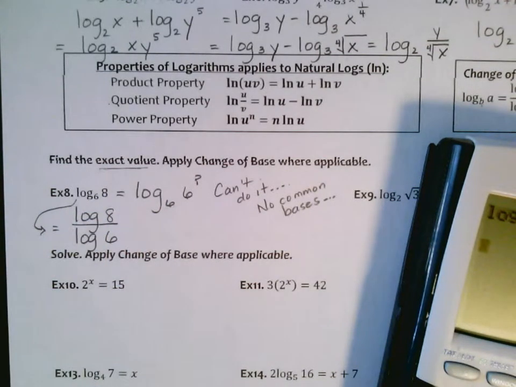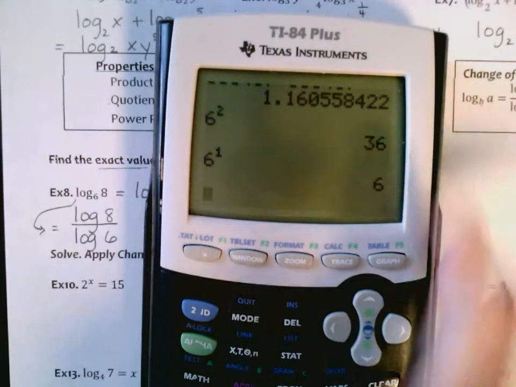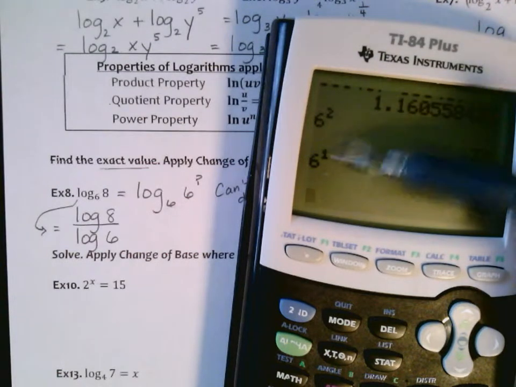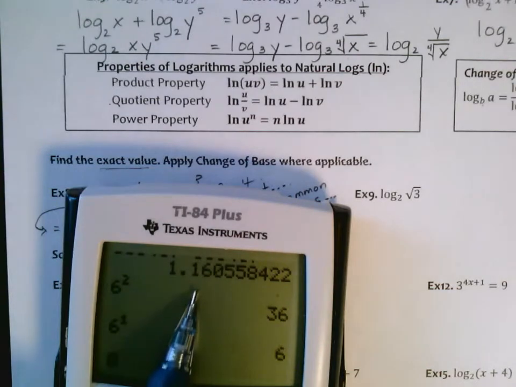We know that 6 to the second power is 36, and 6 to the 1 power is 6, and we needed an 8. So 8 is trapped between 6 and 36. Therefore, our exponent was trapped between 1 and 2. That's how you got this answer right here.